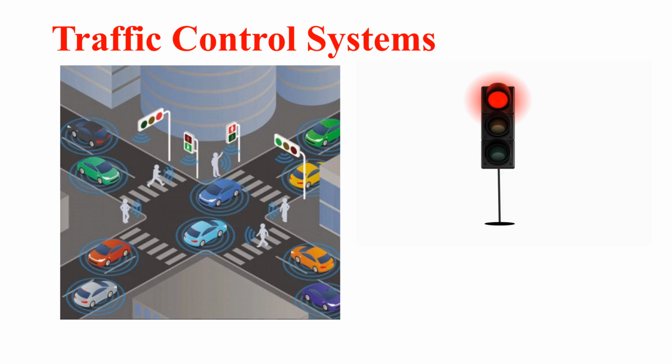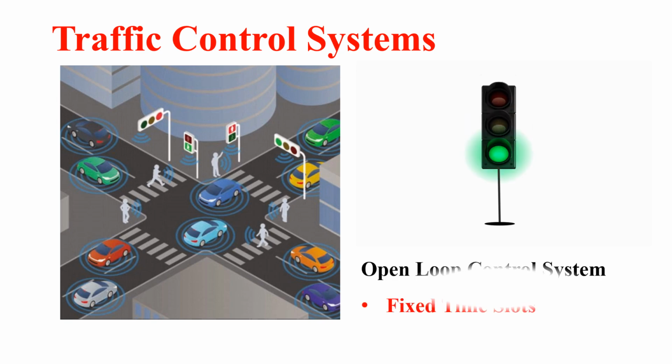The system will not measure the actual density of the traffic before giving the actual signals. It gives the signals in a sequence as per the setting, irrespective of the actual traffic. Since the time slots do not change according to traffic density, the system is an open loop control system, mainly due to fixed time slots.